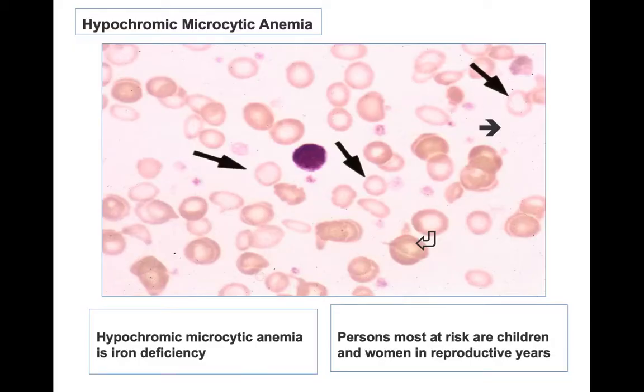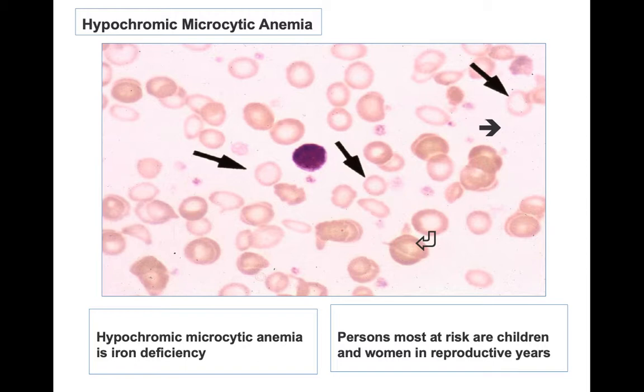All right, so you're looking at hypochromic microcytic anemia. So notice these red blood cells. They have a much larger region here in the middle of light color, and that's because they don't have as much hemoglobin as, let's say, this red blood cell here. This red blood cell is also smaller than it's supposed to be, so that makes it microcytic.